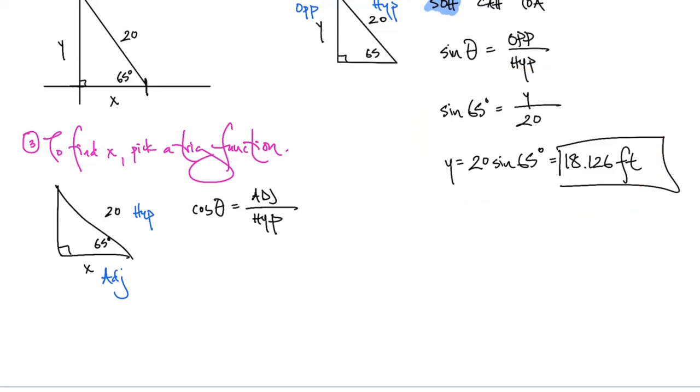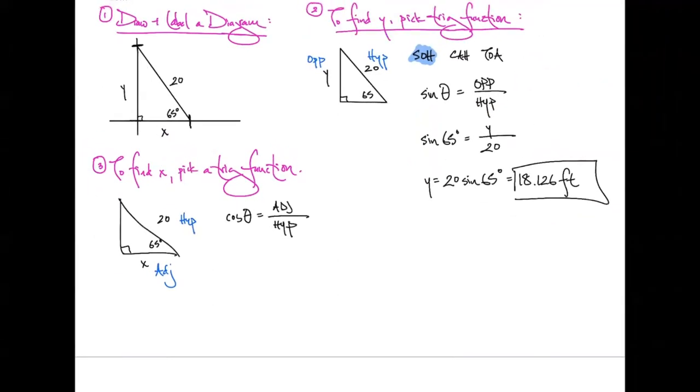But Omar has an equally valid method. If we know two sides of a right triangle, can't we just use Pythagorean theorem? And he would be absolutely correct. Okay, you can 100% do that. In fact, let's kind of set this up.